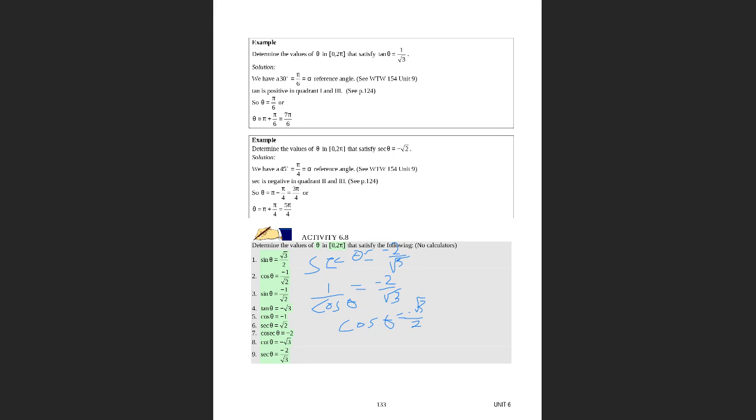If we draw our axis like this, because cos is negative, it can only be in the second and third quadrants. Cos inverse of root 3 over 2 gives us pi over 6.